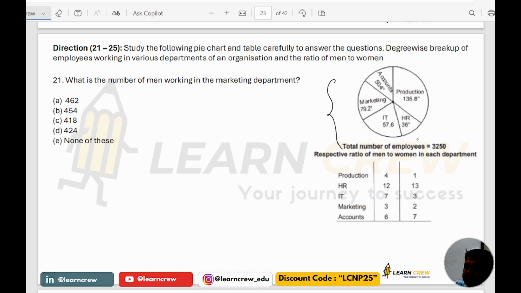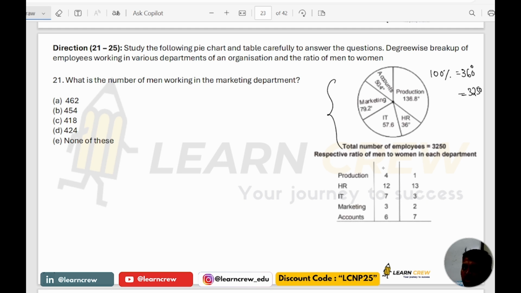So here this total in a pie chart is taken to be 100%, which is 360 degrees, which is the total value, how much? 3250. 100 percentage is 360 degrees in terms of percentage, and in terms of value, total value is how much? 3250.